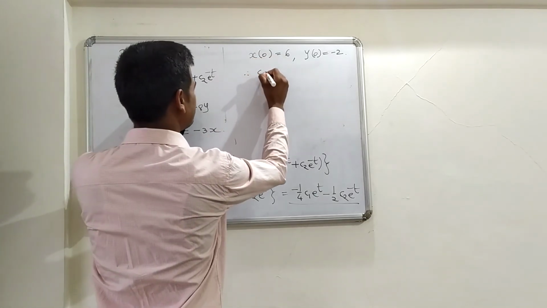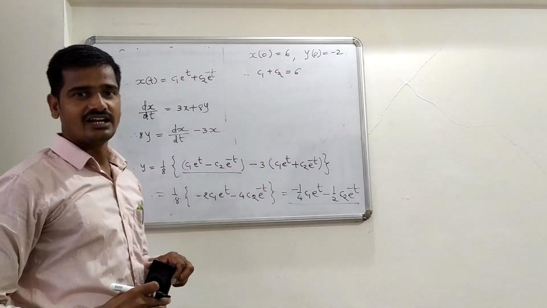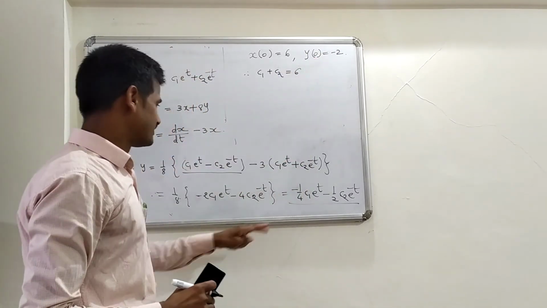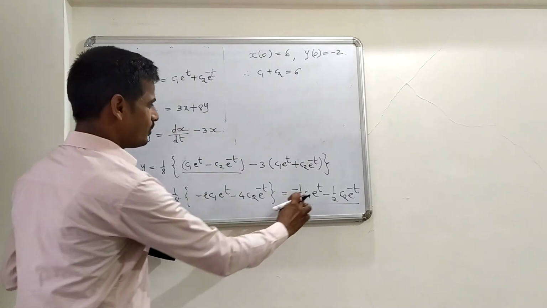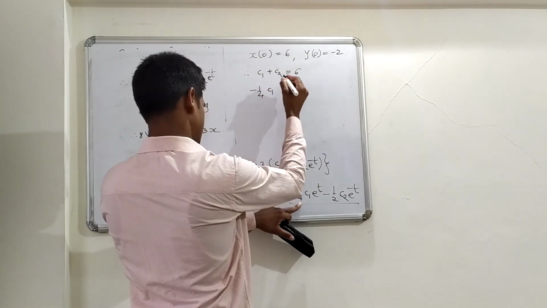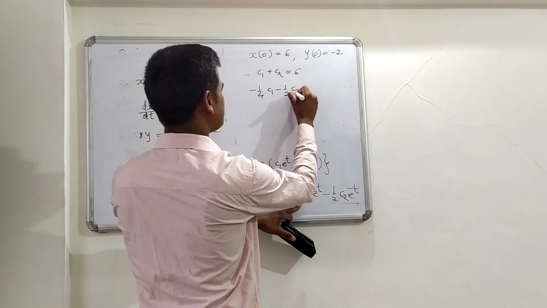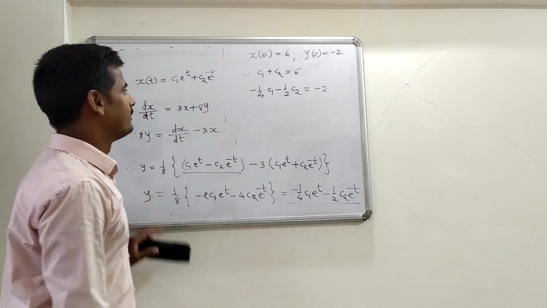Therefore c1 + c2 = 6. And when t = 0, y is −2. So use this second equation, the value of y: −1/4 c1 − 1/2 c2 = −2. See here, it is y.